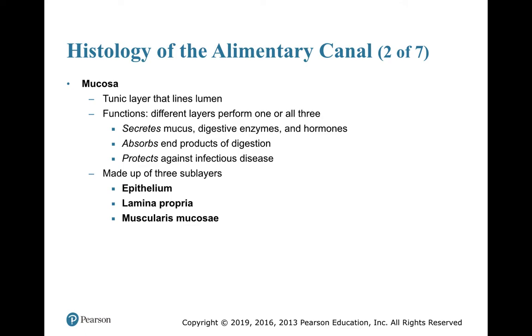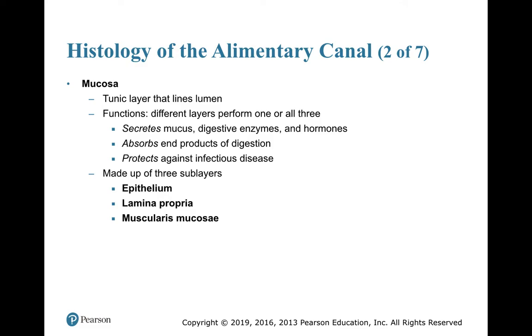Its different layers perform one or all 3 of these functions: secreting mucus, absorbing digestive enzymes, hormones, and end products, and protecting against infectious disease. When they say different layers of this, they mean different parts of the GI tract. Some are more important in secreting, others are more important in absorption. They're all going to be involved in protecting against infectious disease.